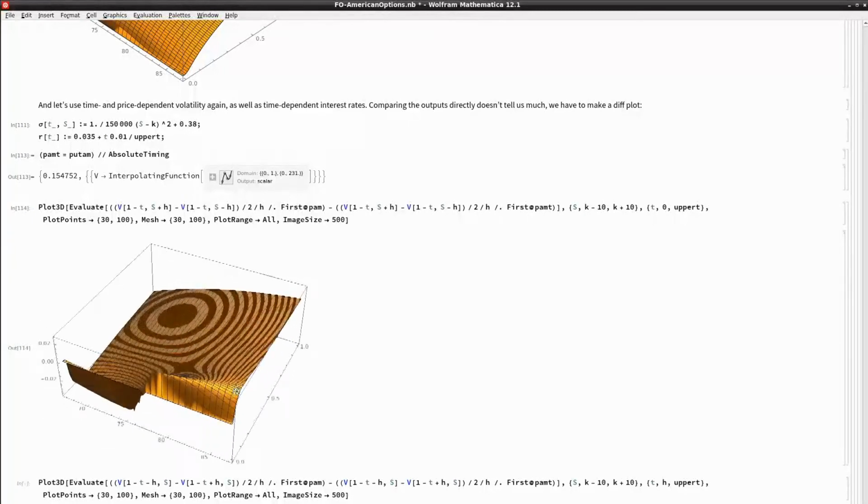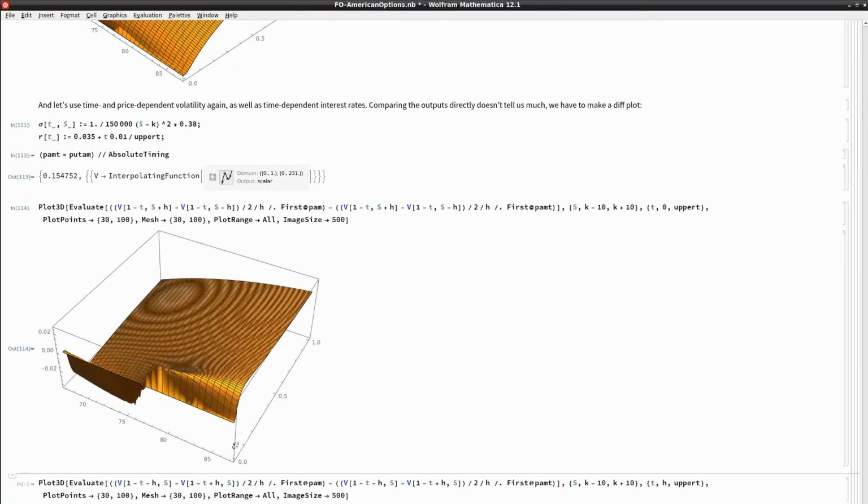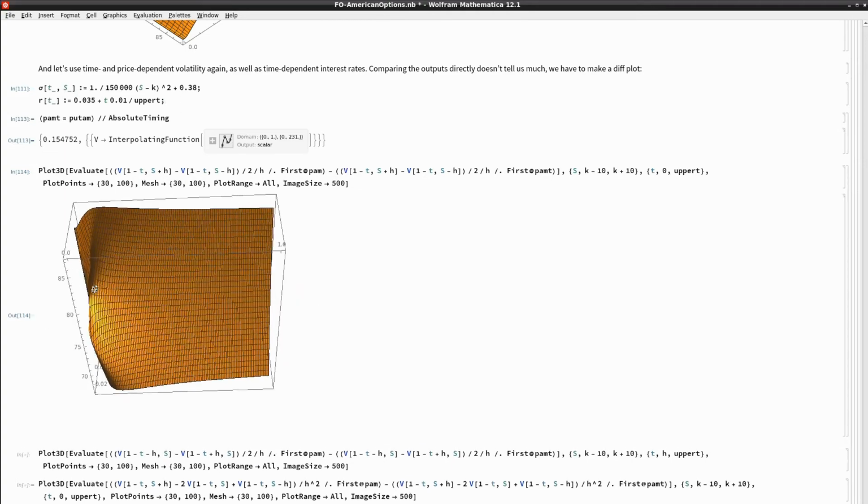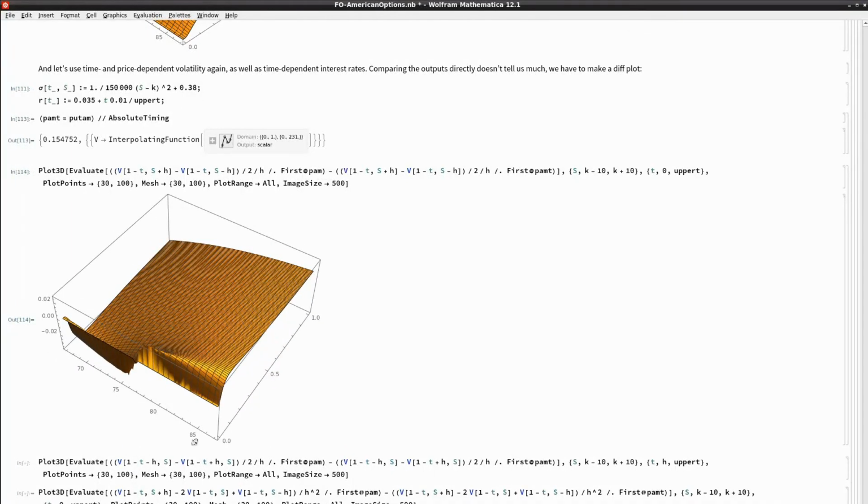I want to point out this is not an error plot, right? This is a legitimate delta for two-dimensional volatilities and one-dimensional interest rate, not an error plot. These differences may look small. We're going from minus 0.02 to plus 0.02, but these are delta differences due to the fact that we have non-constant volatilities and rates. It's not an error plot. This is a legitimate delta for such a volatility.